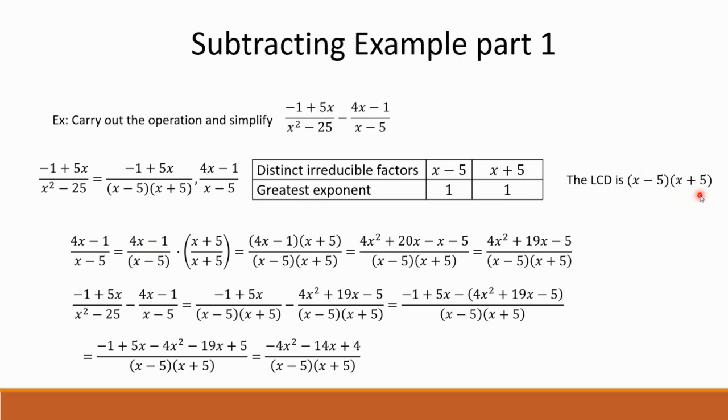Great. From here, what we want to do now, right, we want the denominators to be equal to this. Now, the first one's already there, right? The first rational expression, its denominator is already equal to the LCD. But not the second one. Although that's easy to fix, right? We just need to multiply the bottom by x plus 5, right?